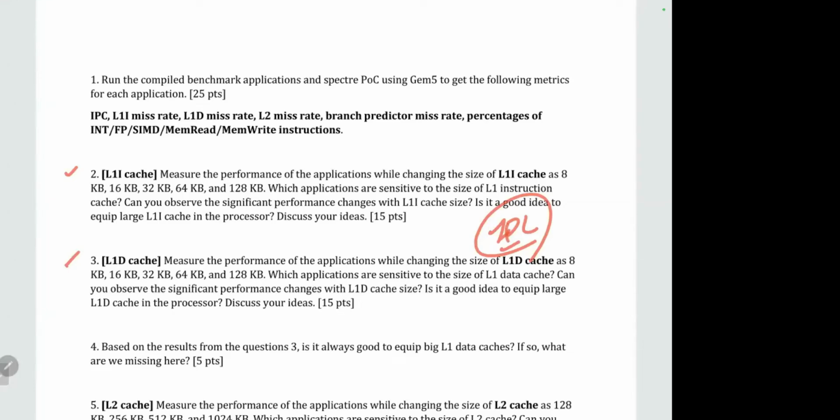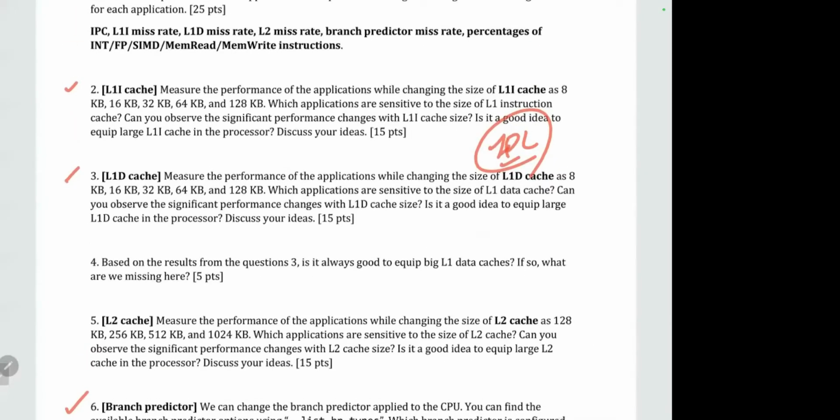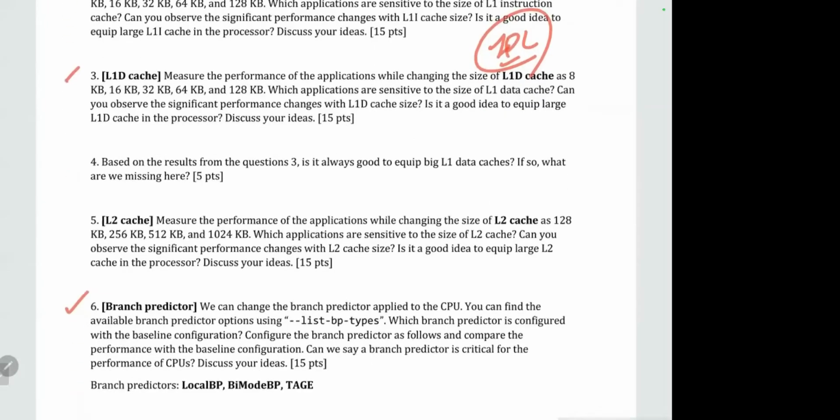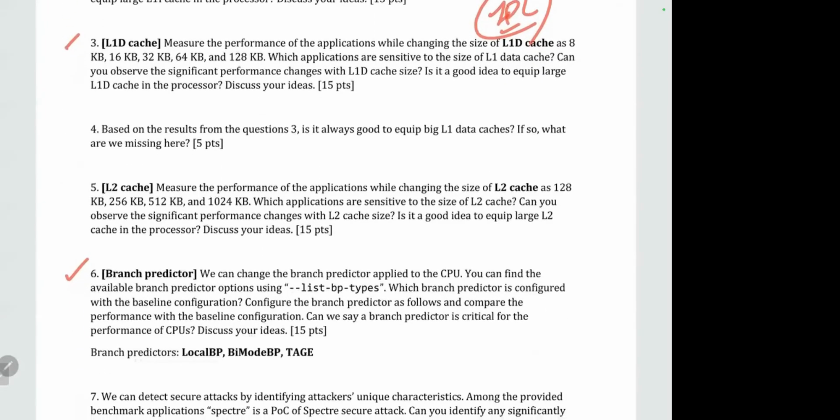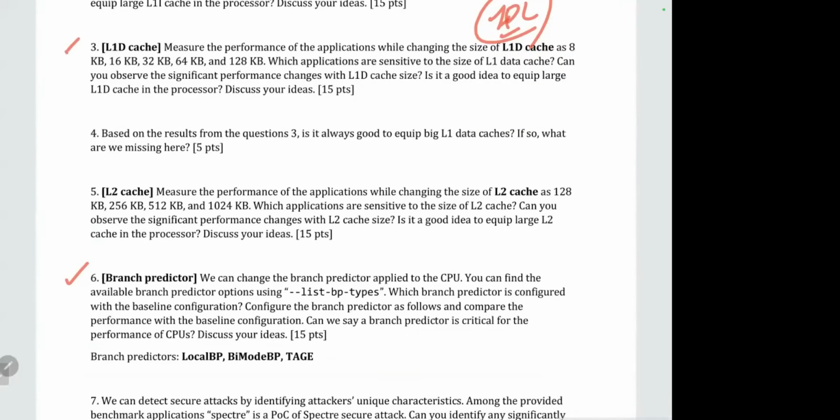For this assignment, you need to try different configurations, such as different L1 I-cache size, L1 D-cache size, L2 cache size, or branch predictors. So it will take a long time.